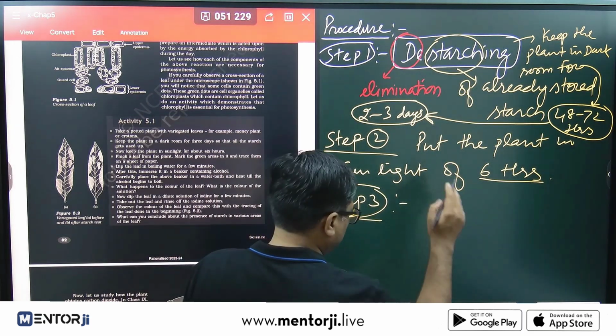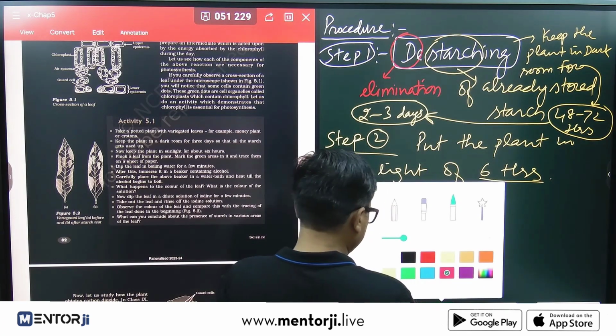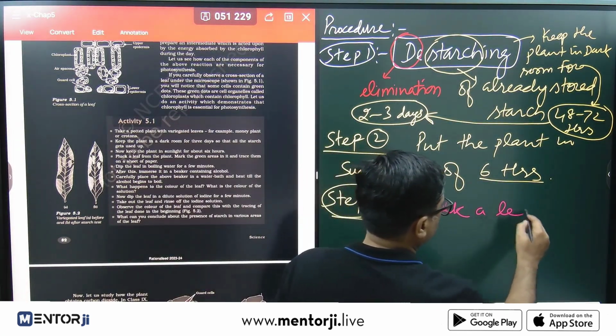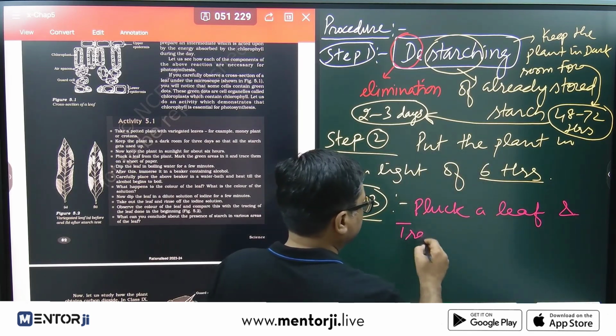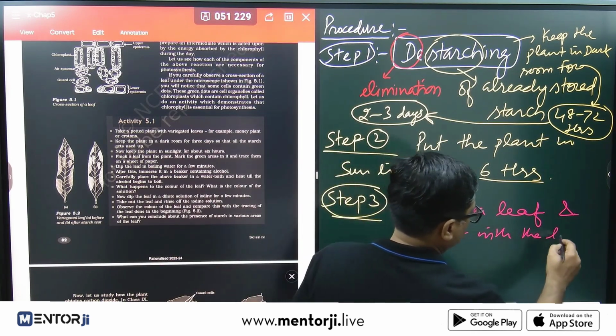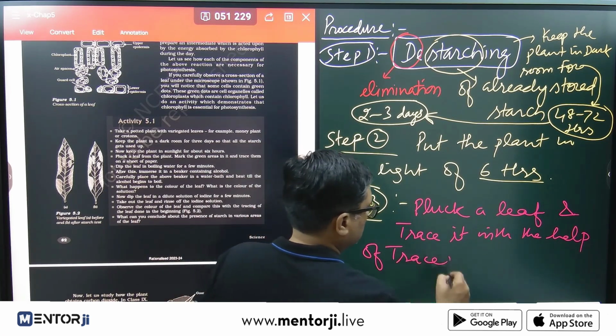अब स्टेप 3 में हमने क्या किया, we pluck a leaf and trace it with the help of trace paper.